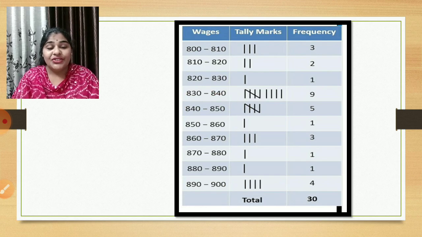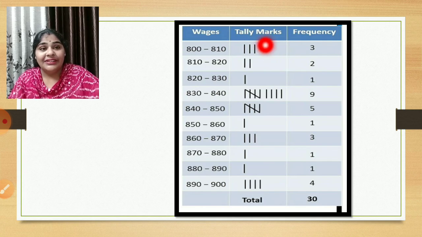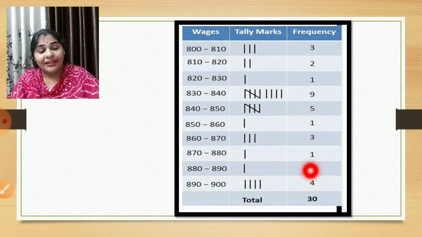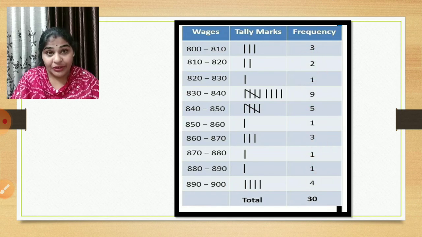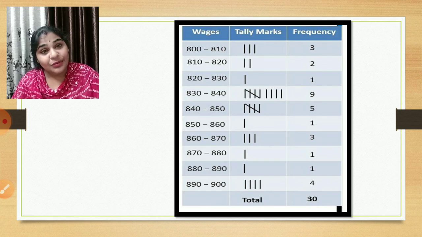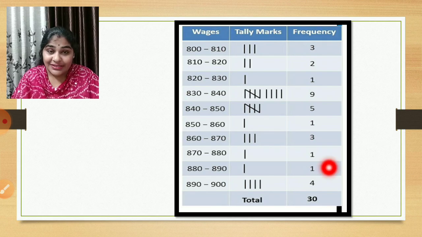Similarly children, one by one you will check all the numbers. First fill in the tally marks, and then looking at the tally marks you can write the frequency. Here it is 3, 2, 1, 9 and so on. You should check whether the total of the frequency matches the total given in the question. Here you can see the total is 30.